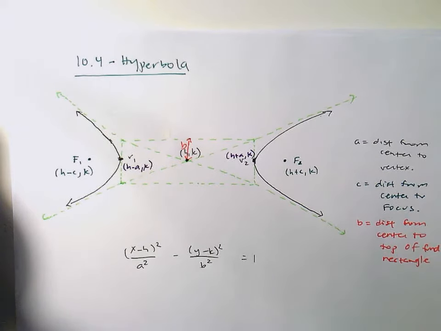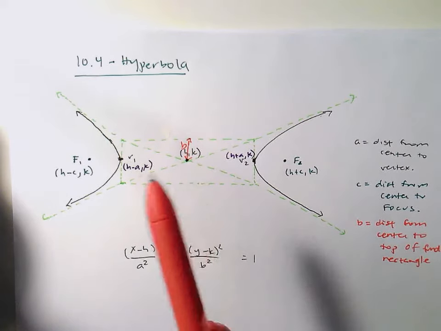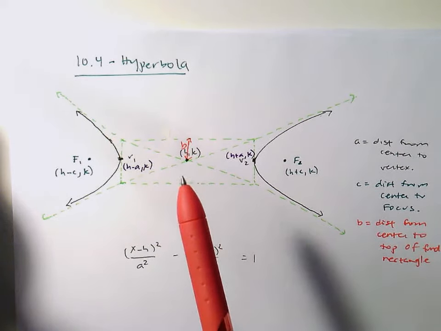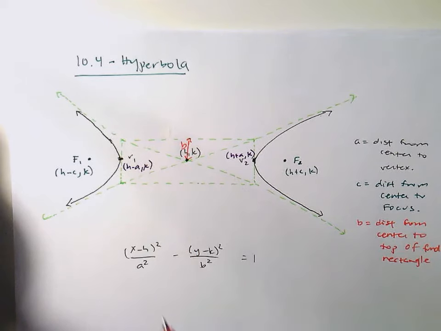If it was opening up and down, then b would be the distance between the center and the right side of the fundamental rectangle.